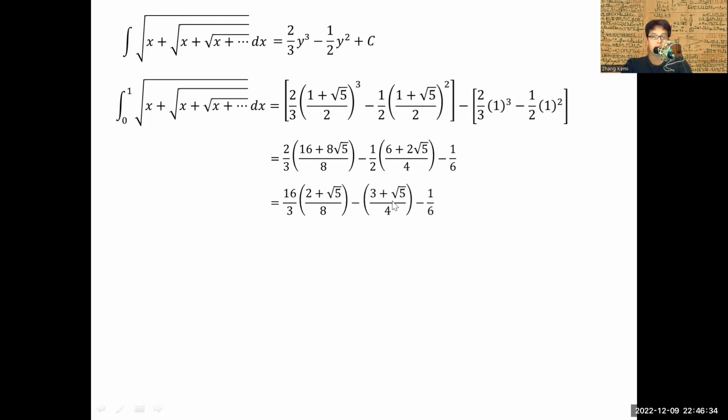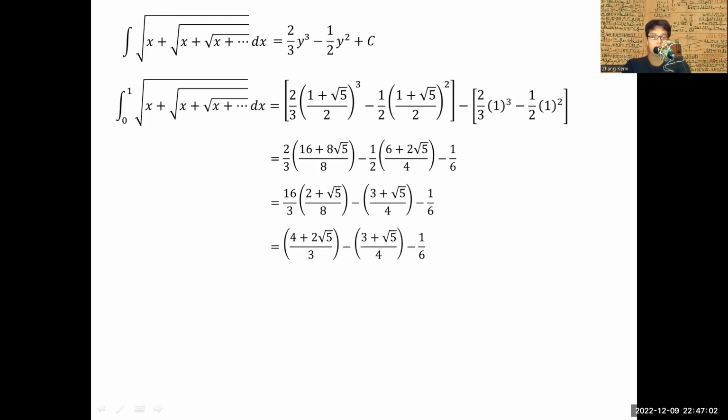After that, we have simply 16/3 of (2 plus root 5)/8. Basically how I get this, I can just factor out 8 and get rid of the 8. In this case, we have an 8 on top, so it multiplies to give 16. Then minus 3 root 5 over 4 over here, this whole thing, minus 1/6.